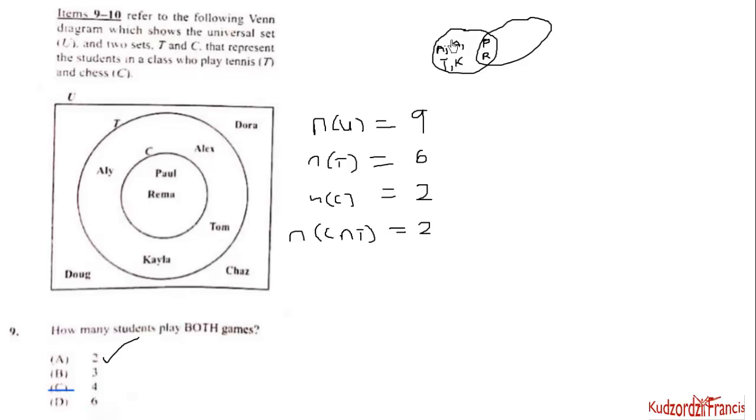So all these guys will be here, and those who will be outside, these ones over here, 3 of them. So students who play both games are only 2. There are only 2 of them. So we have nothing here, 0. That's why we're able to push it inside.